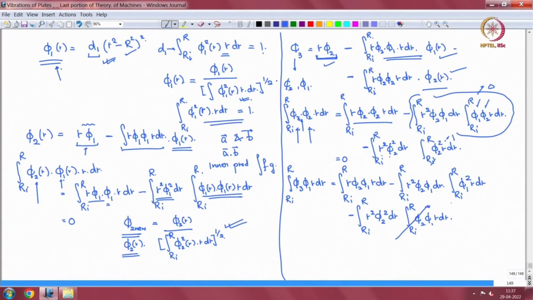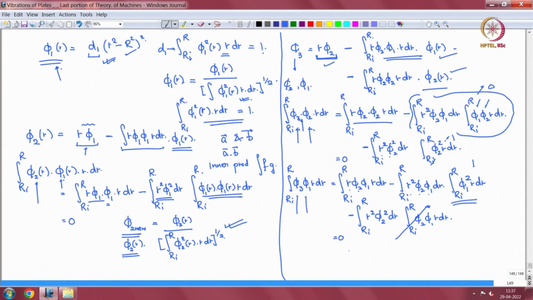Phi 1 square r dr was orthonormalized, so this is 1. I have r square phi 2 phi 1 dr with a minus, so this is also 0. So phi 3 and phi 1 are also orthogonal.